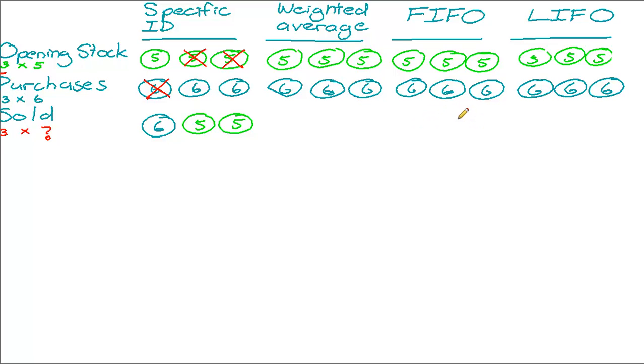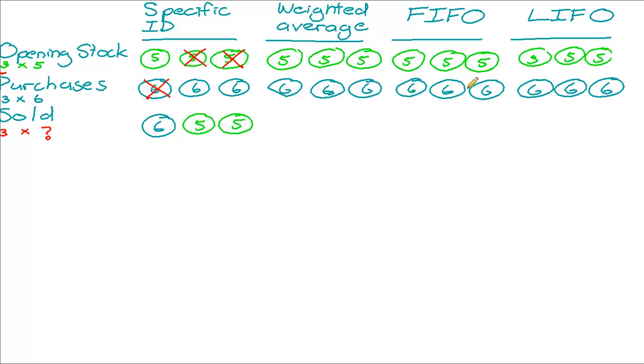Let's go to the first in first out method. The first in first out method, we say regardless of the pies that are actually sold, we're going to assume that the pies that came in first are going to be the ones that are sold. So regardless if we sold this one and this one, we're going to assume that the first batch of pies would be the first ones that are sold for purposes of determining our cost of sales and later also our closing stock.